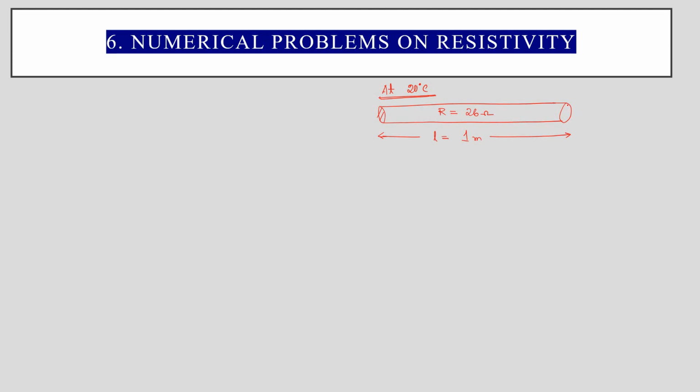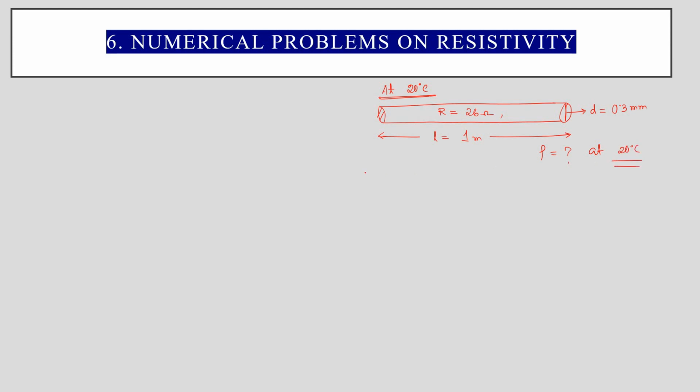The diameter D is also given as 0.3 millimeter. Now our task is to calculate the value of rho, obviously at 20 degrees centigrade.